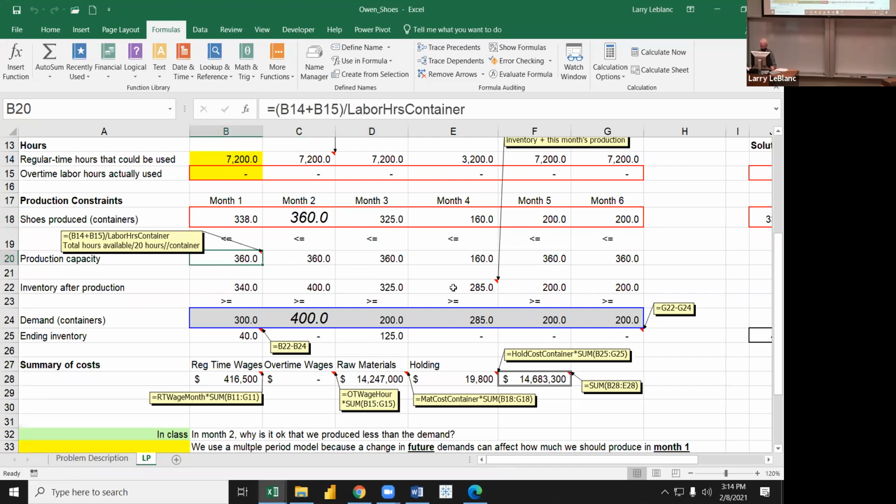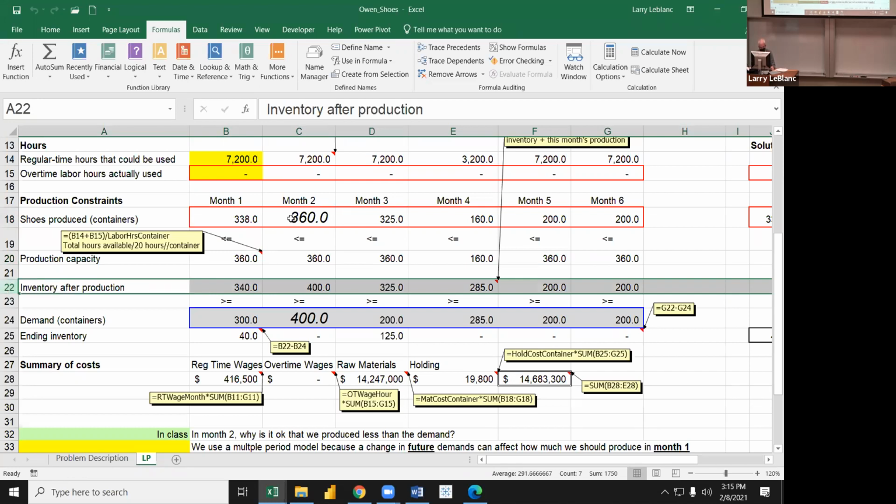It depends in large part on my overtime hours that I choose to use. The inventory after production, but before demand, in row 22: 338 plus 2 beginning inventory is 340. Minus 300 that we sell leaves 40 left over.